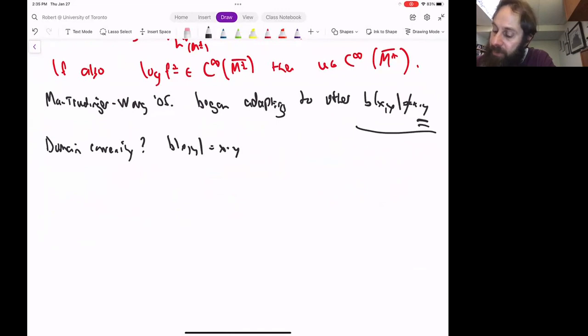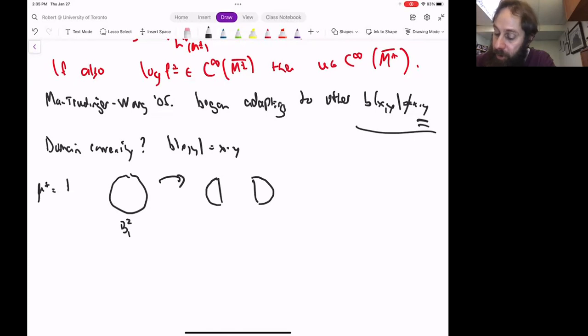So if you try to map the disk to two disconnected half disks, like this, right? So take the unit ball in R2 and take mu plus to be the uniform measure, correctly normalized to make it a probability measure. And then the optimal map for that to itself would come as the gradient of the convex function u equals 1/2 x squared.